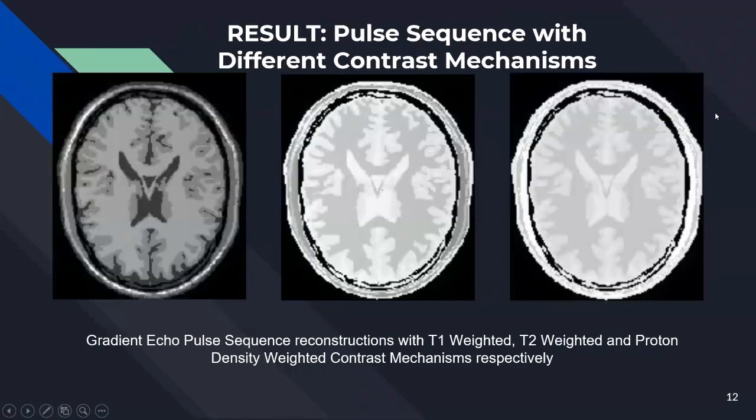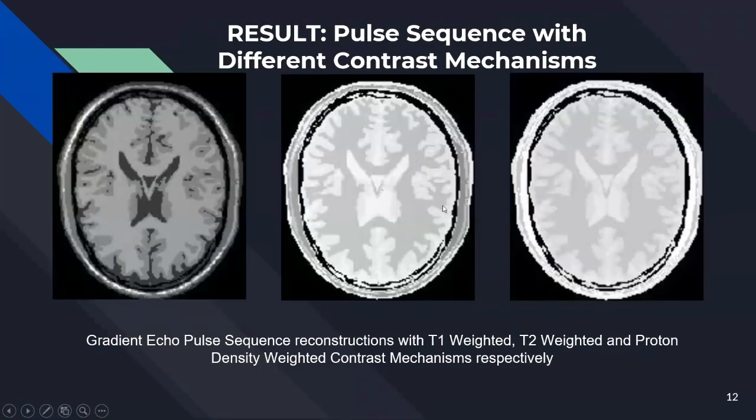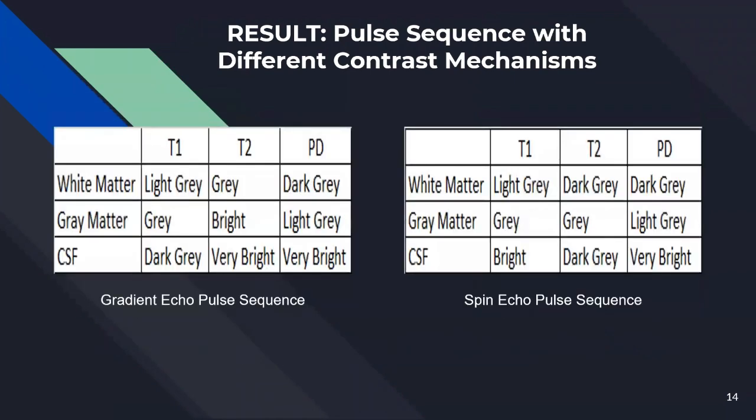And also, this is gradient echo pulse sequence reconstruction with T1 weighted, T2 weighted, and proton density. You can see the difference between the white and gray matter shadings, and it's spin echo.